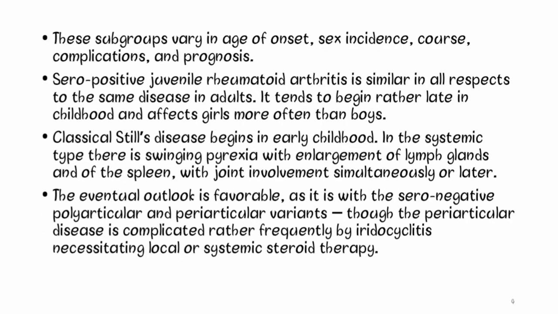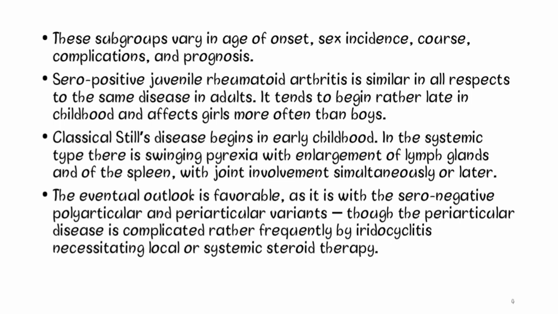Now, these subgroups differ in age of onset, gender, course, complications, and prognosis. So let's take a view of how they're different. Starting from the first type, seropositive JRA. It is the same as its adult type. It has an onset in late childhood and is more common in girls. Second one is the classical Still's disease.